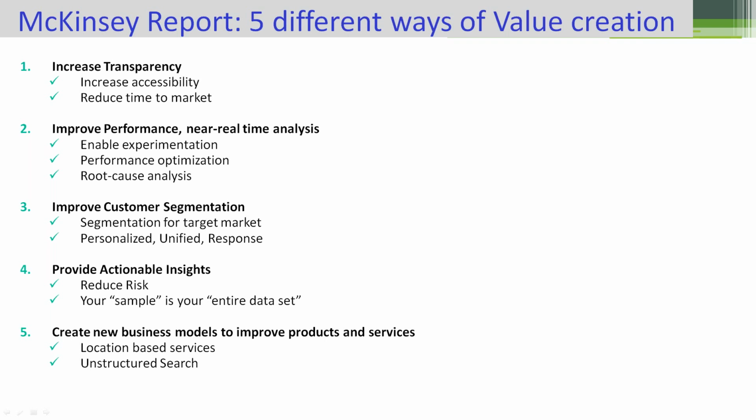The fourth one is provide actionable insights, which would be reducing the exposure in your data set itself. So what if you are not looking at the data, like what AXA did? AXA did not look at the traffic incidents, and they kept on writing business in states where there are a lot of traffic fatalities.